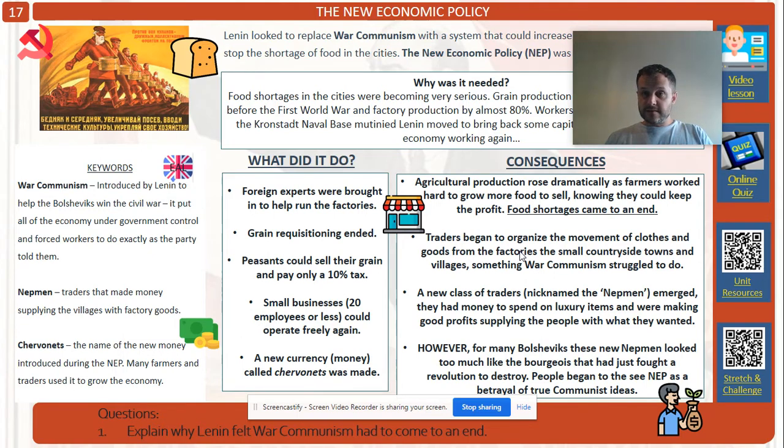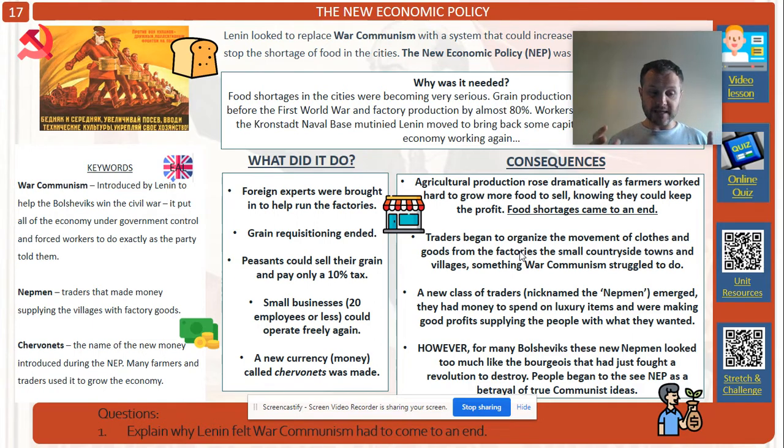And so this is Russia starting to pick itself up again after the First World War, after the Revolution, after the Civil War. Three tragedies, one after the other, and then war communism being introduced, a fourth tragedy, if you like. Russia's on its knees, and it's being picked back up again by these Netmen, by this capitalist system that's starting to get things moving.